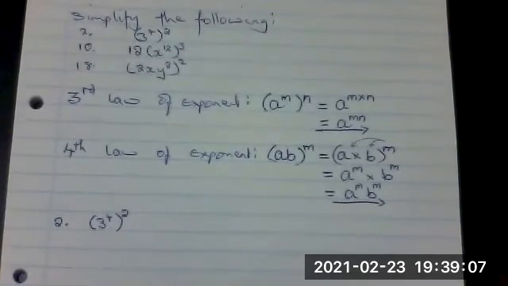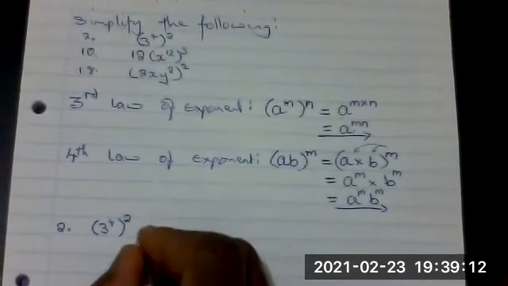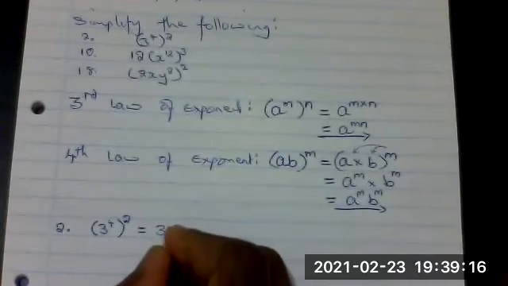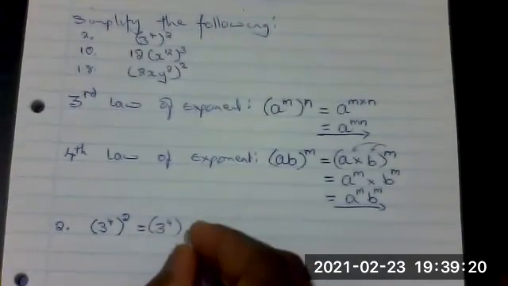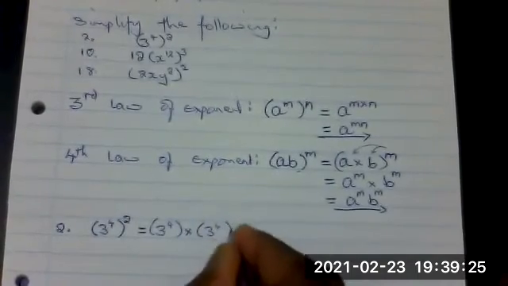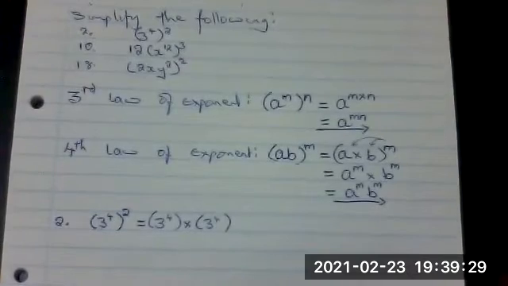So the bracket is raised to exponent 2, which means this is equal to 3 to exponent 4, this is the bracket, multiplied by the same bracket.